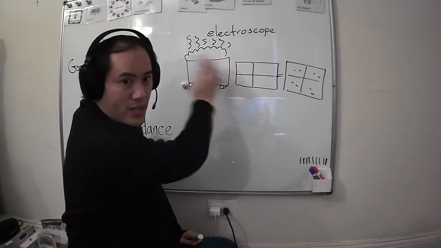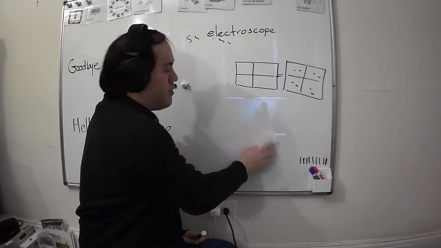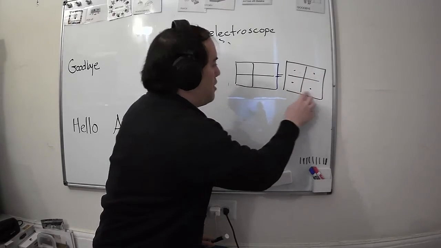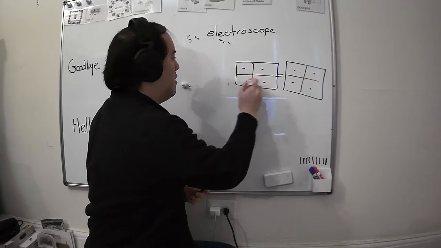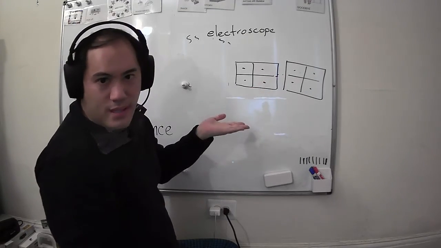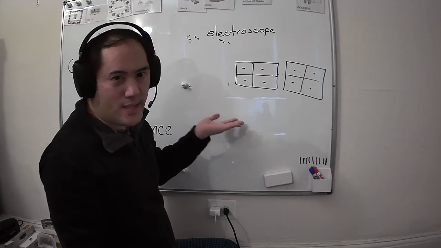If I take away the garbage truck, then the people will spread back out. And then if I take away the connection, it'll be neutral. Same as before. No change. Nothing got charged.